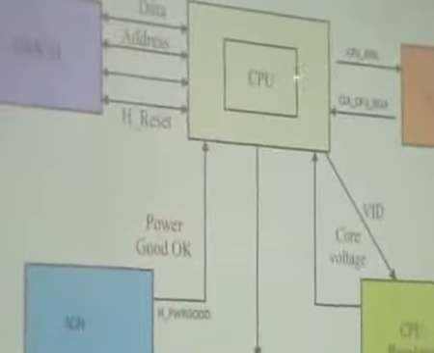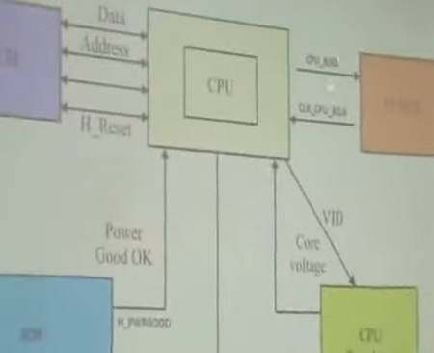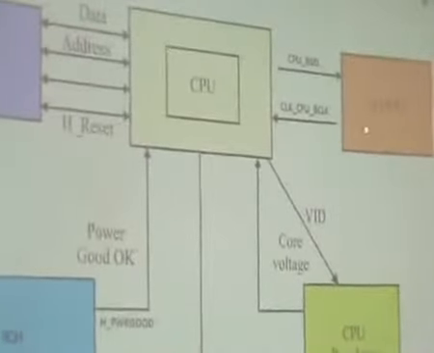Here you are seeing the back and forth. You have to go back and forth through the pages to understand the sequence. But we have to keep our basic block diagram in mind. That is, first step, GMCH giving the H reset signal. Second, CPU giving the CPU select signal to the clock.